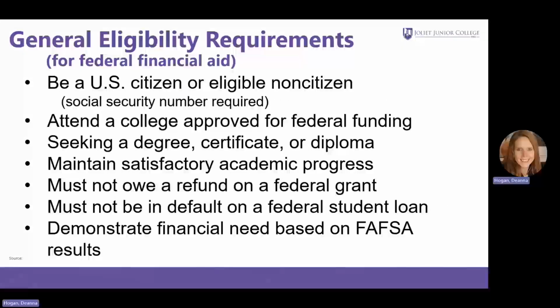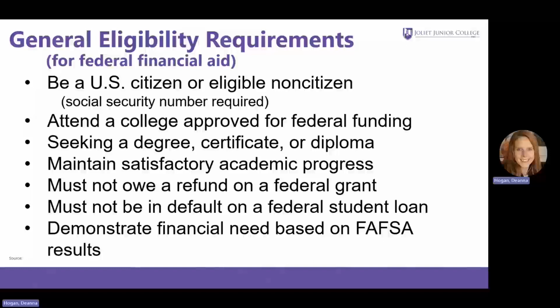The general eligibility requirements for federal financial aid are that the student is a U.S. citizen or eligible non-citizen, and a Social Security number is required to complete the application. A student must attend a college that is approved for federal funding. They must be seeking a financial aid eligible degree or certificate.